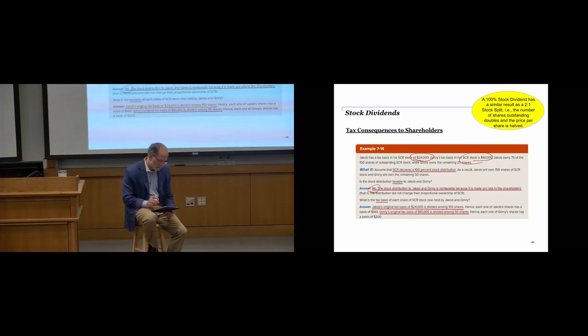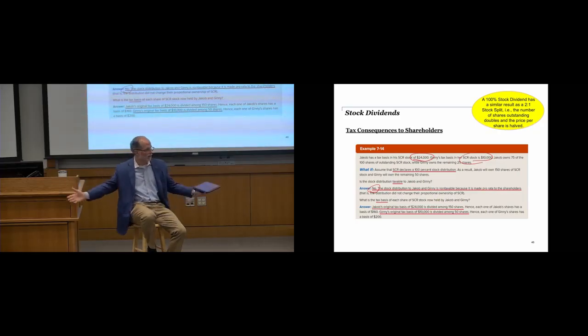No, the stock distribution to Jacob and Jenny is non-taxable because it is made pro rata to the shareholders. That is, the distribution did not change their proportional ownership of SCR. So what they owned before, they still own after. It's just spread over multiple shares of stock.